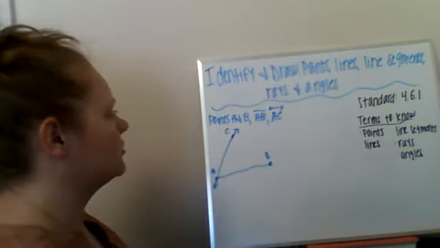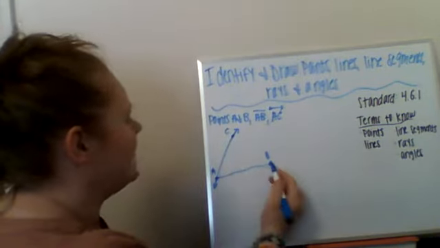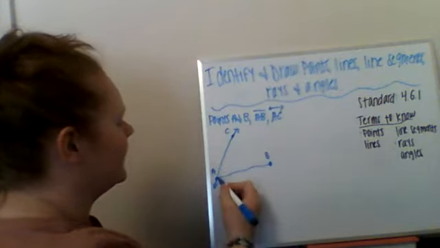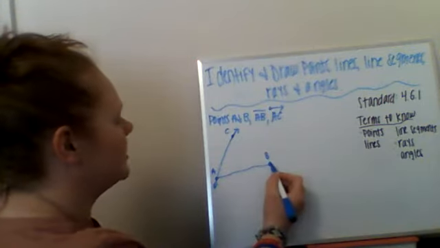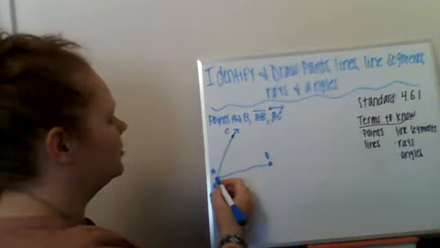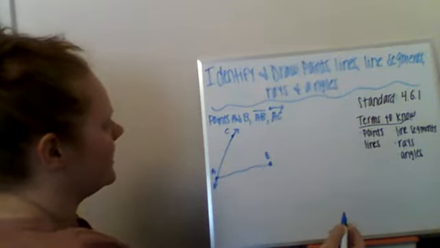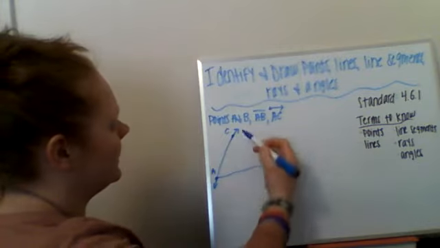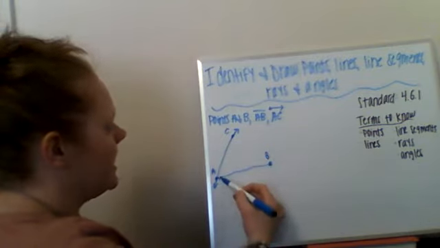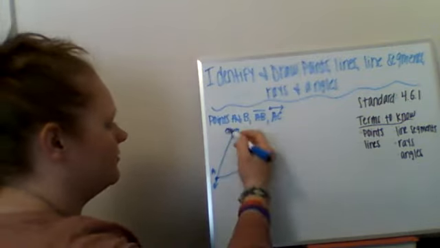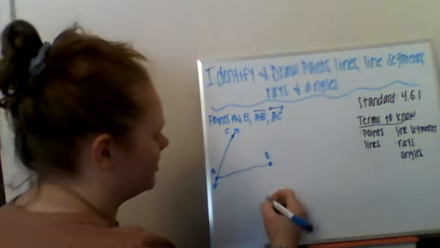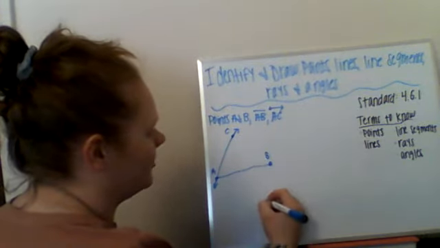All right, so far I have points A and B. Now I connected point A and B together to make a line segment that has two endpoints that they share. Then I made a point C and connected it to point A and made a line which extends in both directions. Now I'm going to draw another point and label it point D.